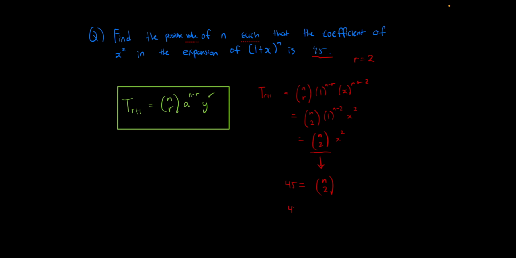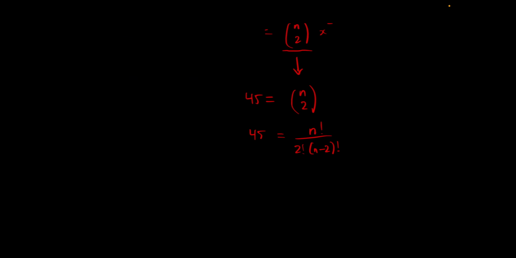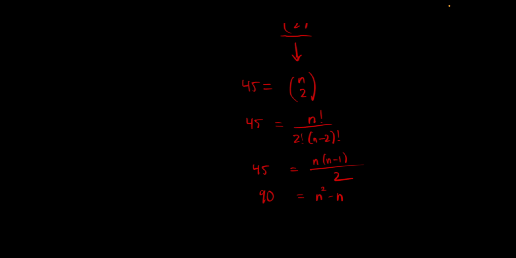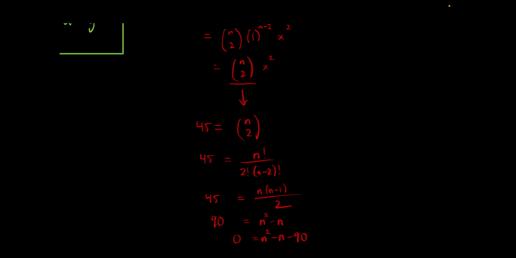Now, this becomes n factorial divided by 2 factorial times n minus 2 factorial. And this becomes n times n minus 1 over 2. And let's expand this out. And this becomes n squared minus n minus 90 equals 0.